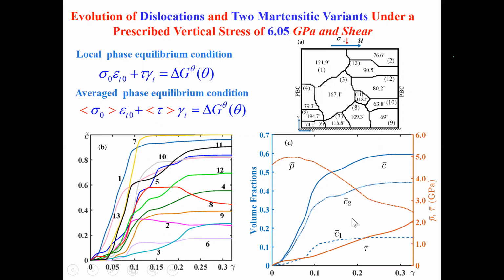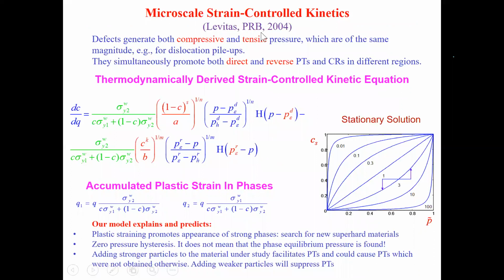And all this kinetic equation and this information is currently used by us to develop advanced microscale kinetics for plastic strain-induced phase transformation. But currently we are still using our old equation, which also takes into account all what we learned at nanoscale in our analytical model.